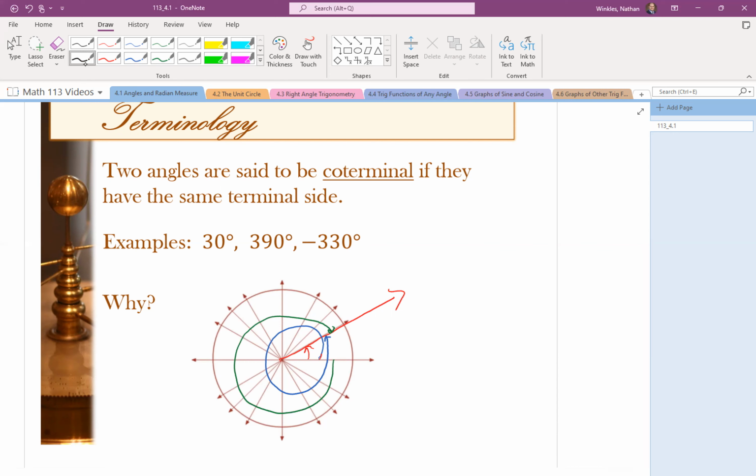So notice that in all cases, they all end on that same line. So therefore, all three of these values are coterminal because they begin at the same spot and they all end at the same spot.